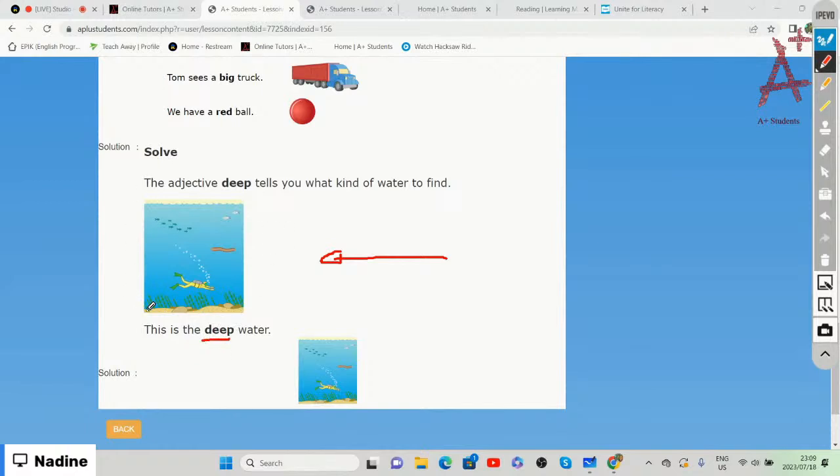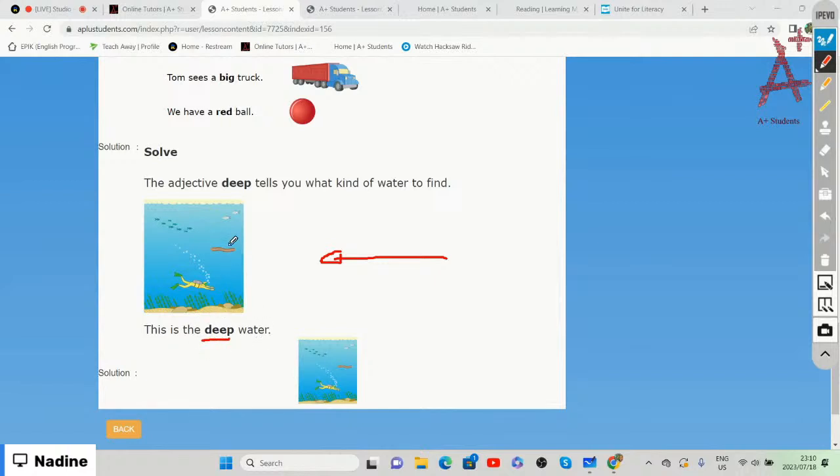It is the diver, being deep underwater in the ocean specifically. They are also showing basically how deep or how low he is. And so this is the deep water.